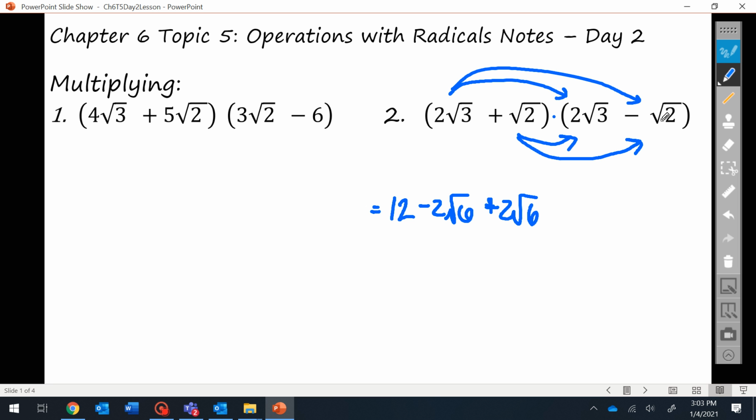And then root 2 times root 2 is just 2, so that's minus 2. Now this is why this happens, because this minus 2 root 6 and this plus 2 root 6 cancel out, and we just have 12 minus 2, which is 10. So this reduces to a whole number, just 10, no radicals. They're called conjugates for this reason.